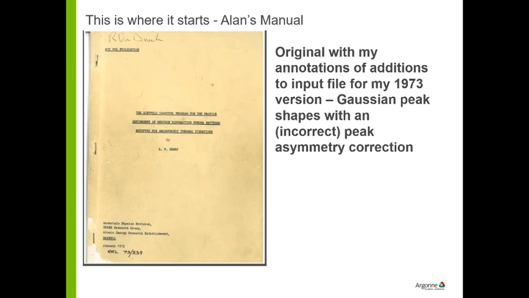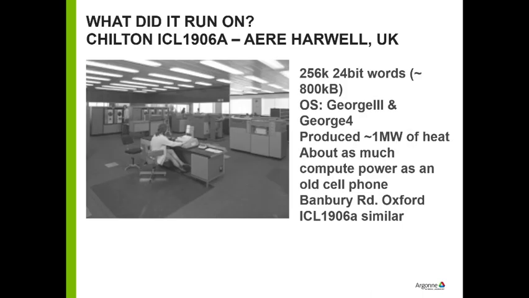It used only Gaussian peak shapes, and there was an incorrect asymmetry correction built into it that was created by Hugo Rietveld. But this was 1973. What's that, 50 years ago? Something like that.